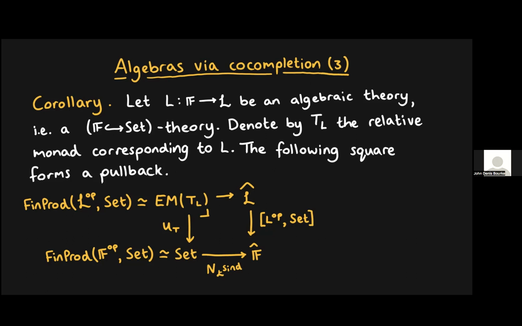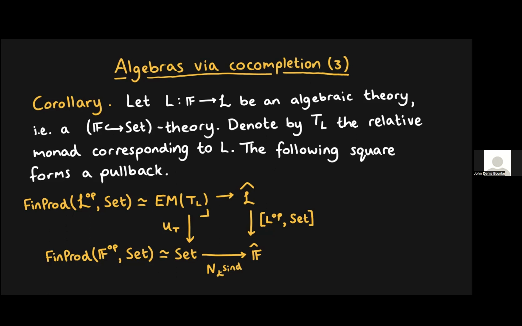And this is exactly the category of models for an algebraic theory. So from this pullback characterization of the category of algebras for a relative monad, we get the classical definition of model for an algebraic theory. And this sort of justifies our definition of algebra for an algebraic theory as this pullback.